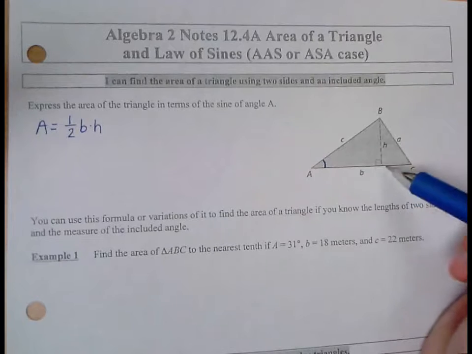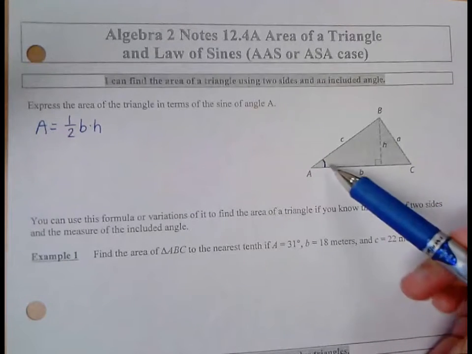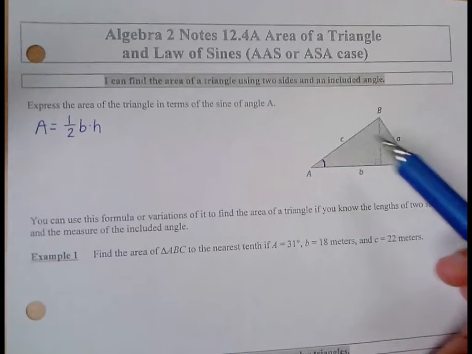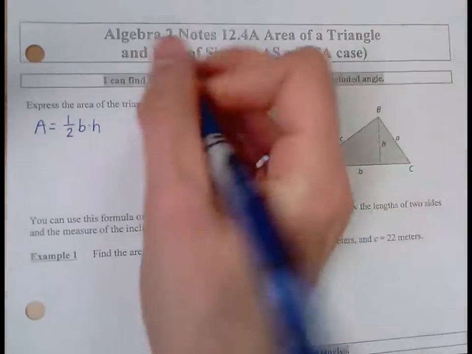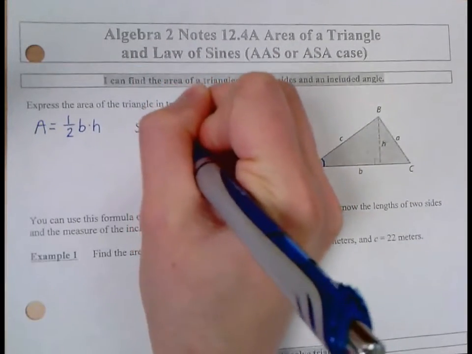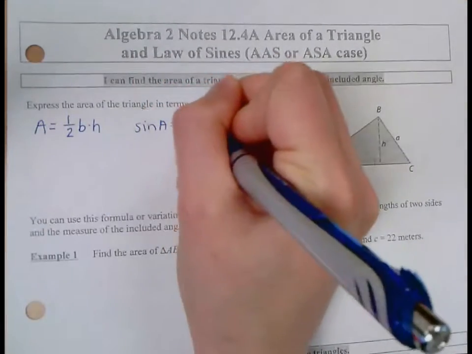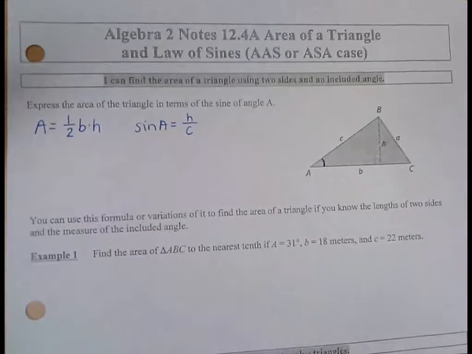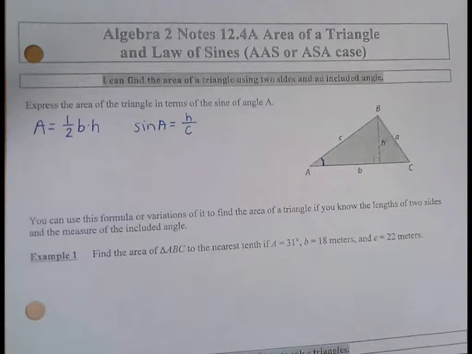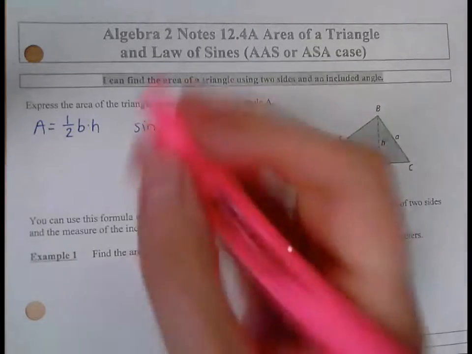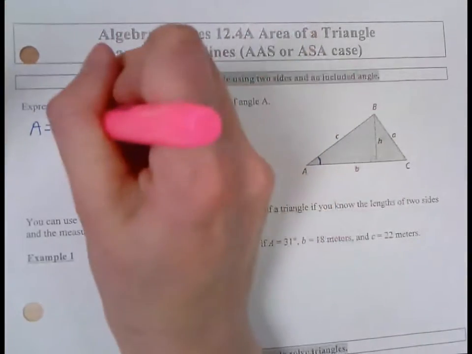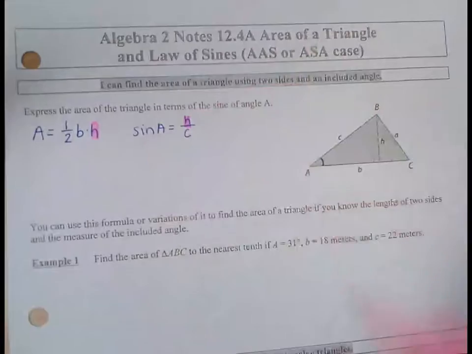Just looking at the right triangle, the opposite would be H. The hypotenuse is C. So I know sine of angle A is H over C. What we're doing here is coming up with how to find the area of a triangle using sine. What I want to point out in these two formulas is, notice they both include the height H.